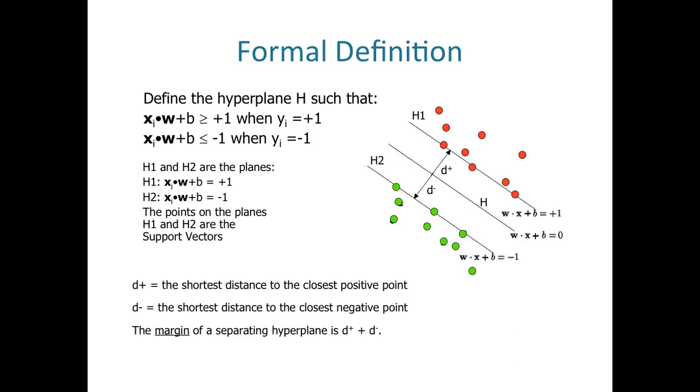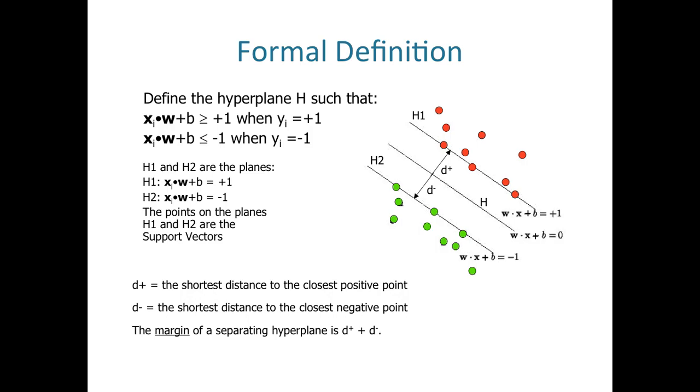On the other hand, H2, which is x multiplied by w plus b equals minus 1, represents exactly the other plane, the plane H2, that has 3 support vectors in it, and that helps characterize the second class, the class of the green circles. And again, the plane H2 has 3 different support vectors, and the plane H1 also has 3 different support vectors.